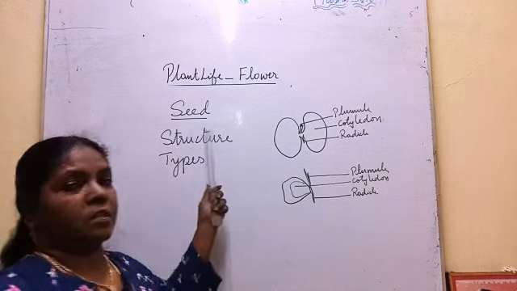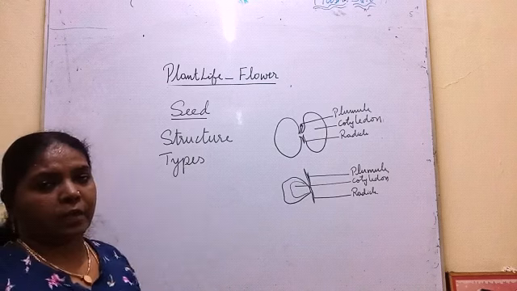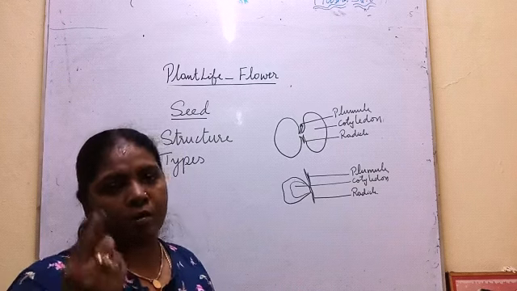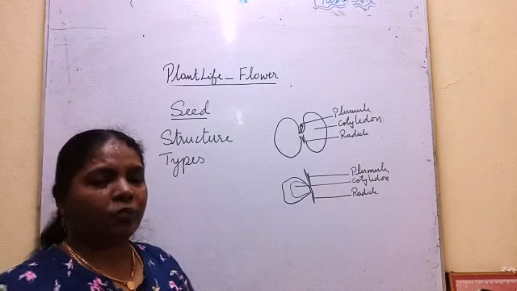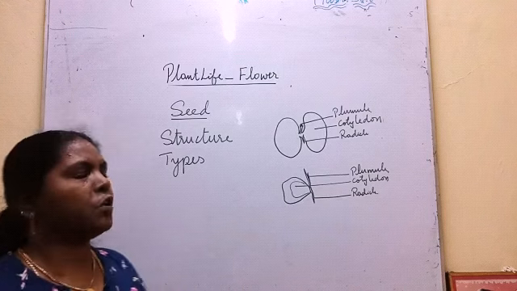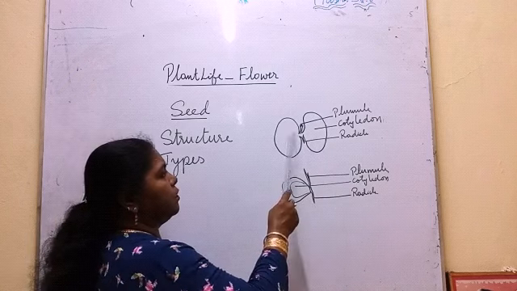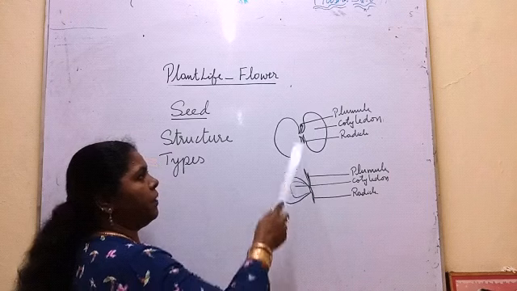Next reproductive part is seed. Structure of seed. If you soak bean seed and maize, corn overnight, in the morning it will swell. If you remove the seed coat, you can see these parts. Two fleshy portions called cotyledons in the bean seed.